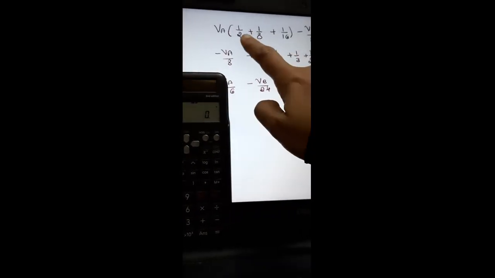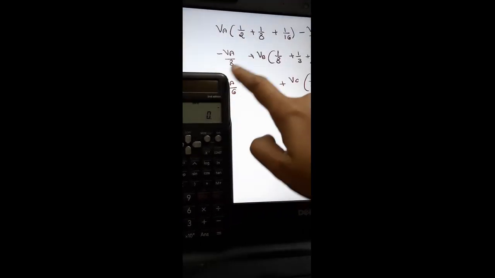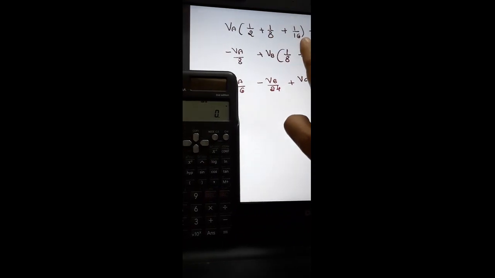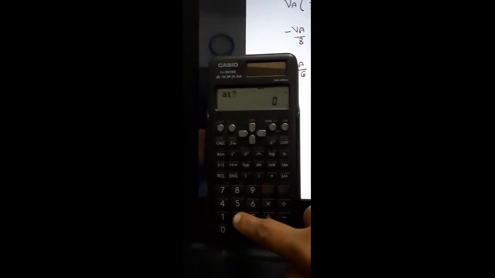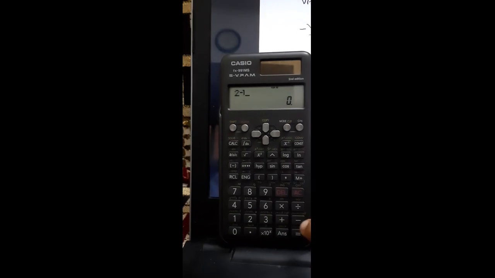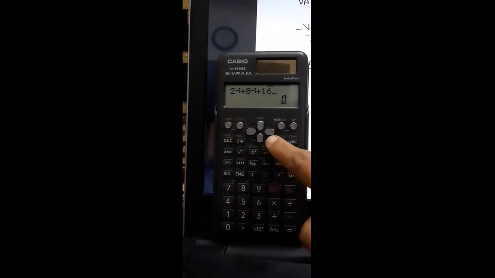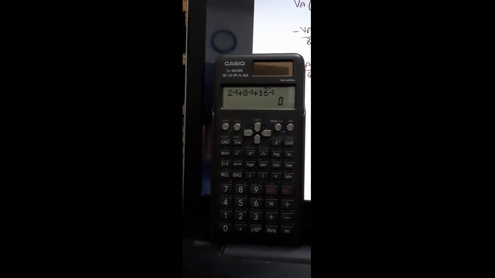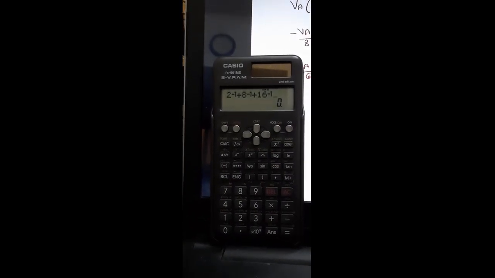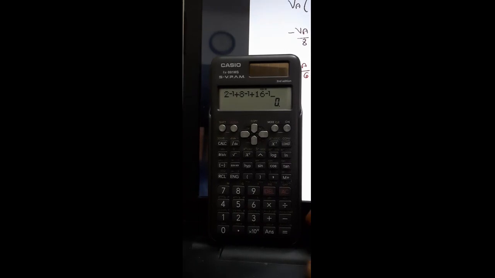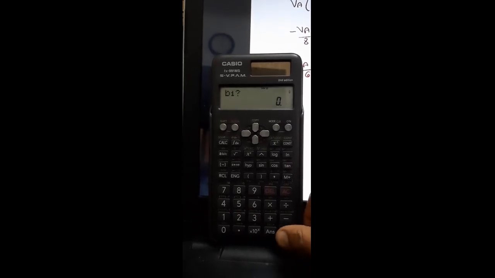Now it shows A1, B1, C1. I'm going to write the numbers associated with VA as A1. So 1 by 2, 1 by 8, 1 by 16: 2 inverse, 8 inverse, 16 inverse. Inverse is nothing but 1 over a particular number, so you can directly do that here.